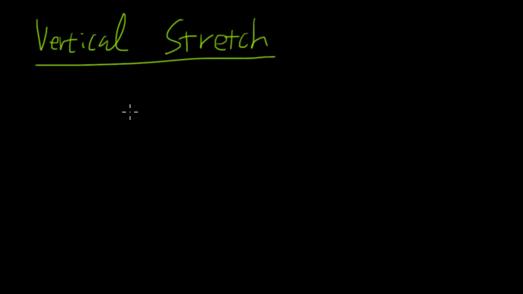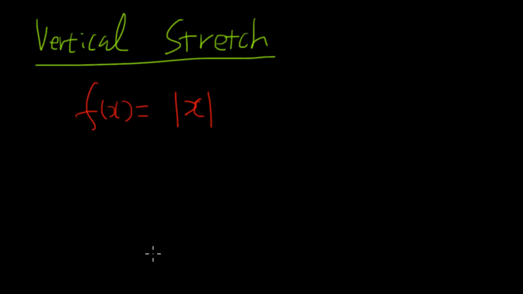So, let's say you have this original function, f of x, as this. Now, does anyone recognize this function? What do we call this? Remember in some of the previous lectures, we talked about this function.